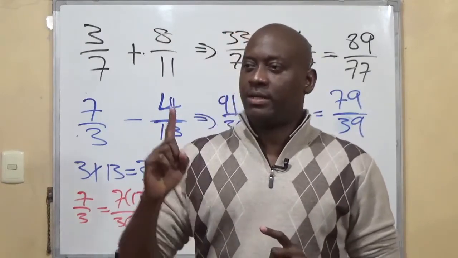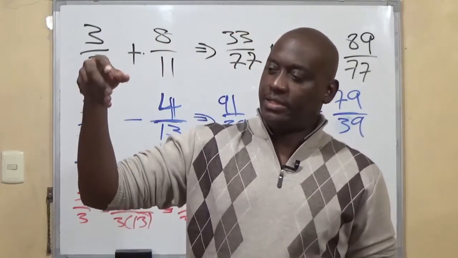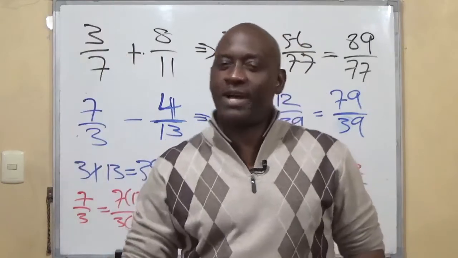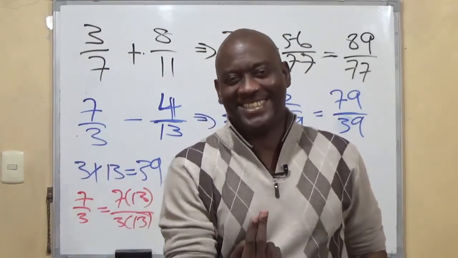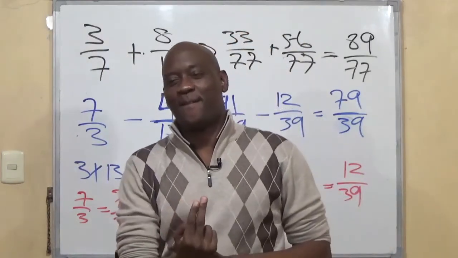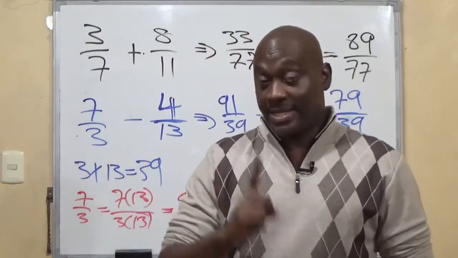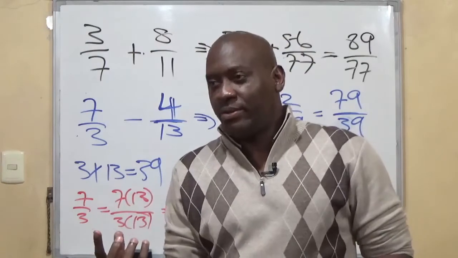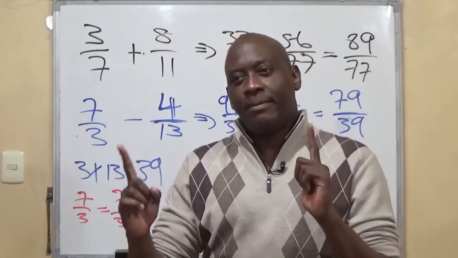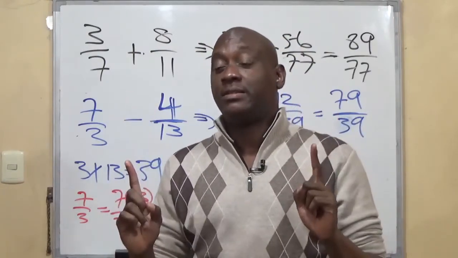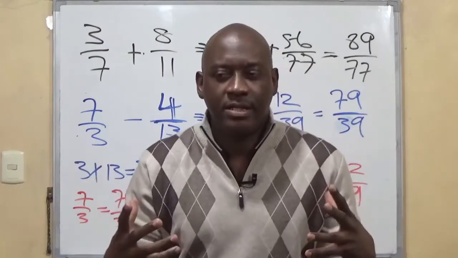We could either change the denomination of one fraction to the next, right? That's the second video. Or, in the third video, what we did is that we changed the denominations of both fractions to a common denomination.